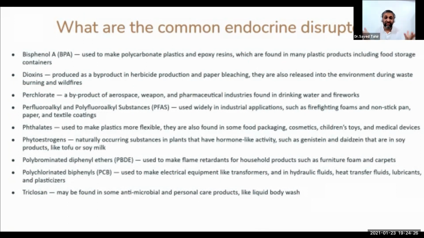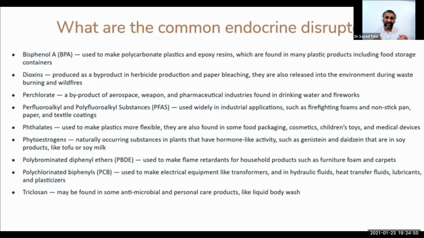Now, this has become a big nuisance nowadays because it is there in firefighting foams that we have in offices. Some people keep them in their houses. Then it was very common in non-stick pans. All the Teflon products had PFAS. You can imagine how much it might have entered your body and damaged us. And then paper.